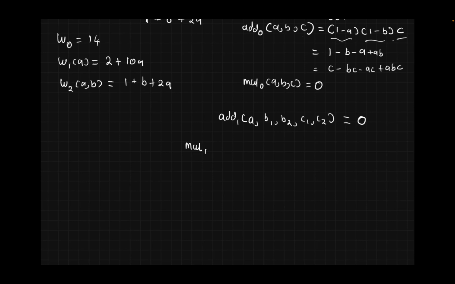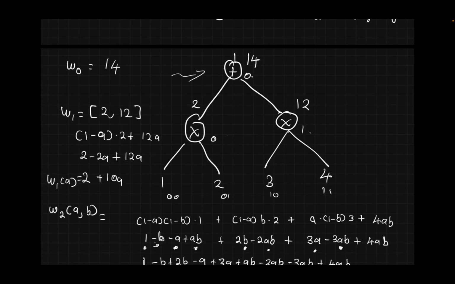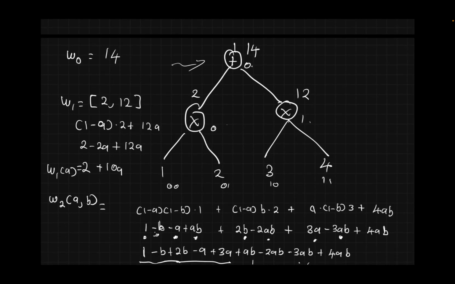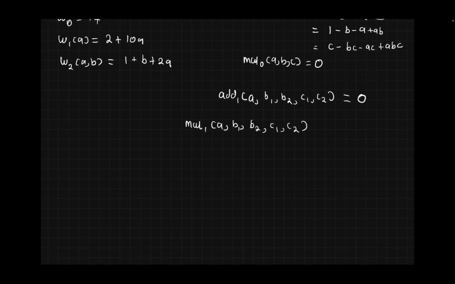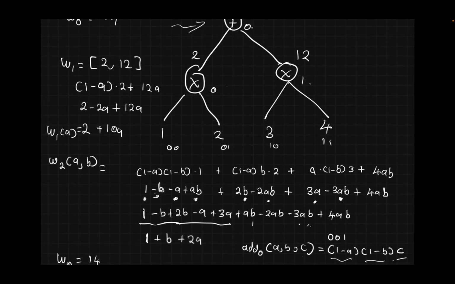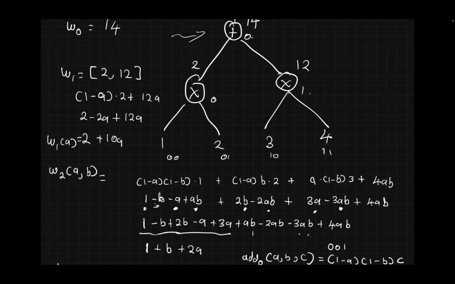Now mul is also the same, right? Now we have two inputs, right? 0, 0, 0, 0, 1. So one of them is 0, 0, 0, 0, 1, while the other one is 1, 1, or 2 ones.